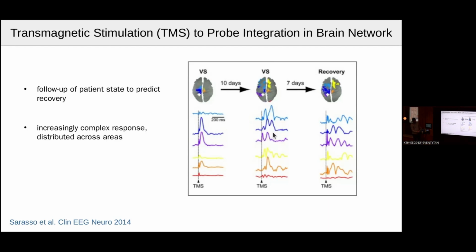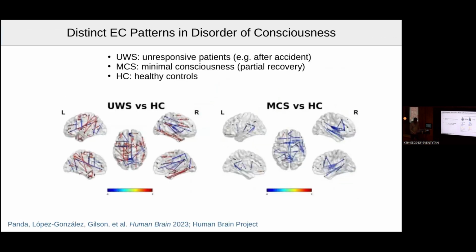If you look a bit later, there's partial recovery, and then you start to have more response, but they are still quite similar across responses. And then later, with better recovery, you start to have more heterogeneity and a broader network that is activated. So this is what I mean by complexity: how diverse this response propagates in the network. And that's a hallmark of the conscious state of the subject.